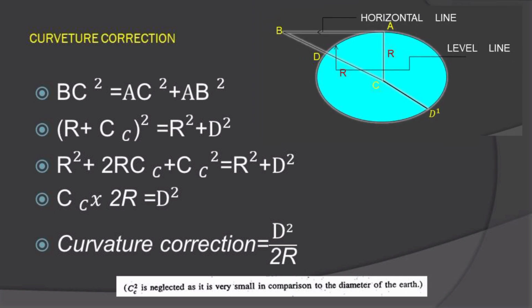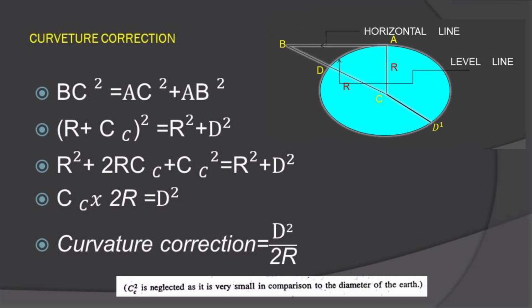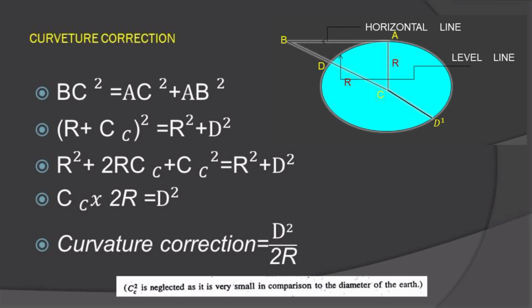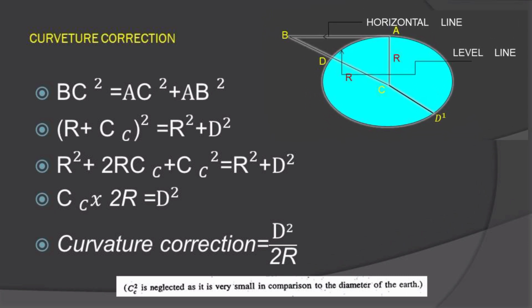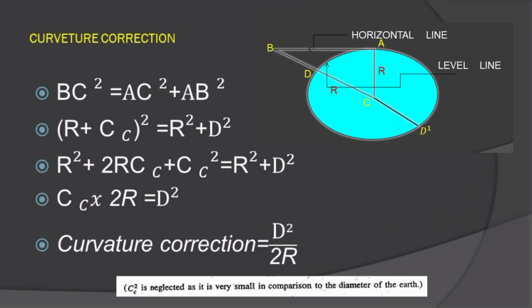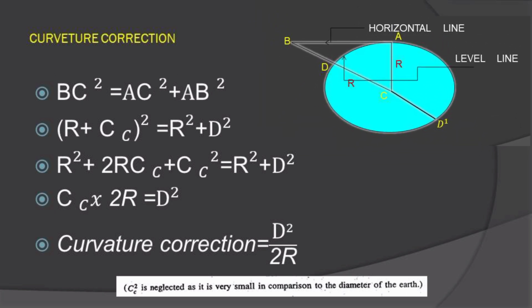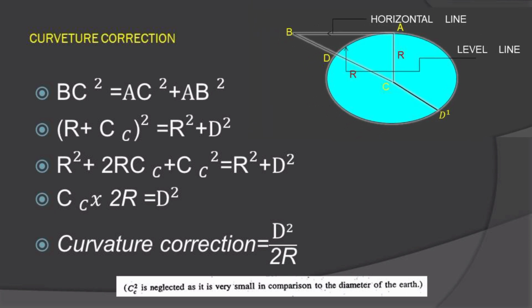Let's go ahead. So in the distance BC, we have added, so BC that will be R plus the curvature correction, that is CC, that is the distance that we have been given there.